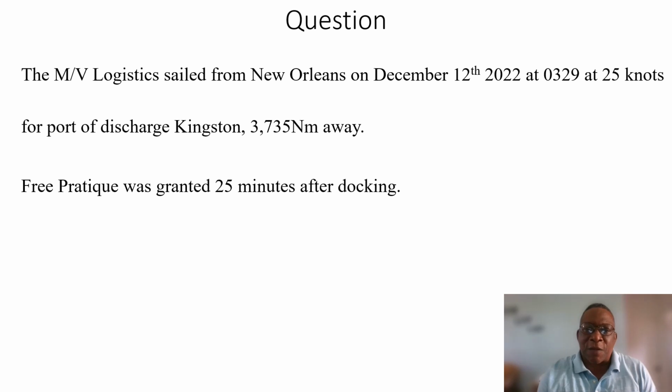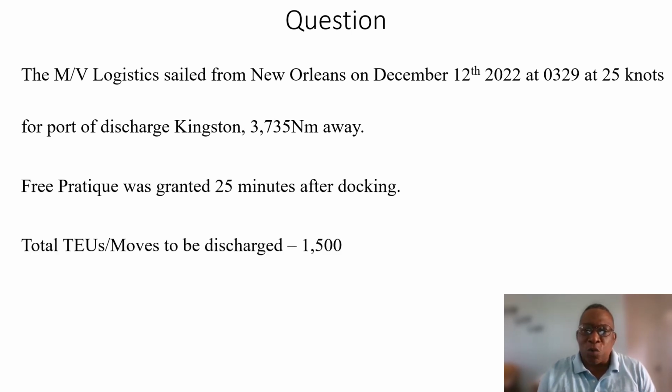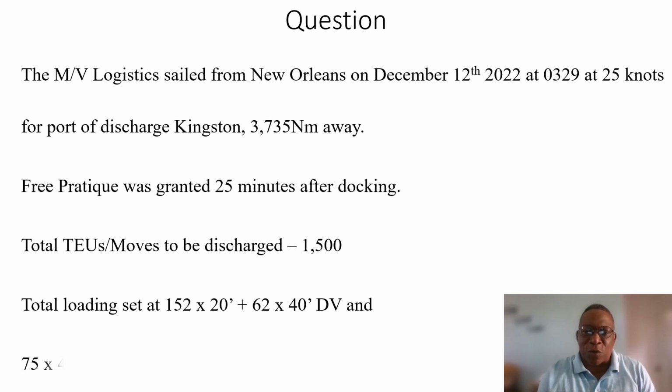It continues that free pratique was granted 25 minutes after docking. Total TEUs/moves to be discharged is 1,500, and total loading is set at 152 20-foot containers, 62 40-foot dry van containers, and 75 40-foot reefer containers.